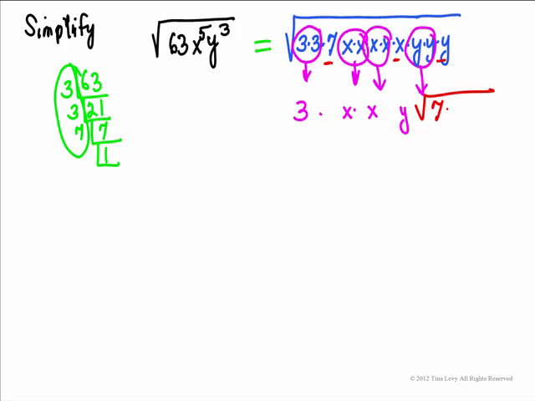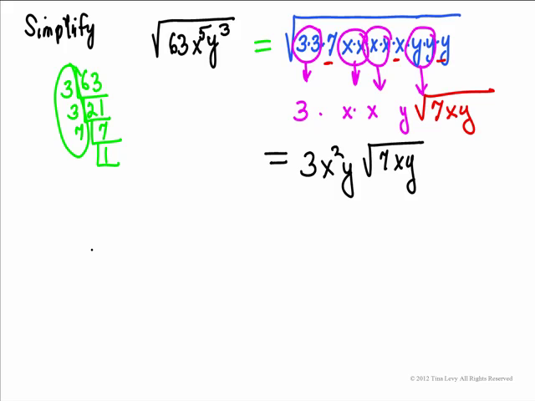So simplified, the square root of 63 x to the 5th y cubed becomes 3x squared y times radical 7xy. What you have is what's outside of jail and what's inside. This is going to be important because expressions outside of jail can multiply and expressions inside can, but you can't mix the two.